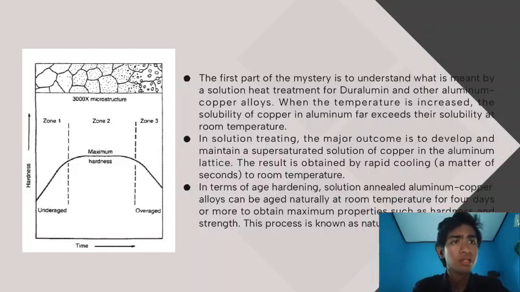This opened an era of phase diagram and alloy development and commercial application of many age hardened alloys. In addition, the zones of coherent precipitation are so small that they cannot be resolved in an optical microscope.